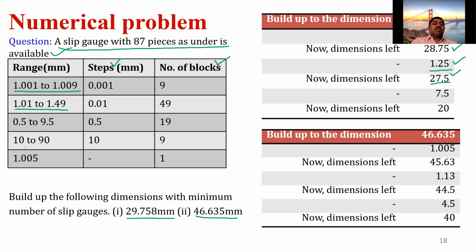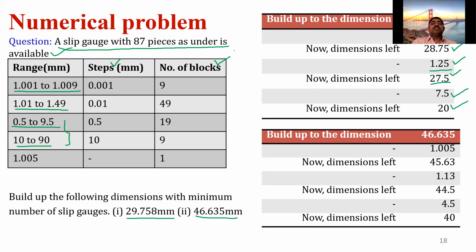Now a 20 mm slip gauge is available, and a 7.5 mm slip gauge is available in this set. But there is no 27.5 mm slip gauge in either of the ranges. So for that we have to use the 7.5 mm slip gauge and the 20 mm slip gauge.